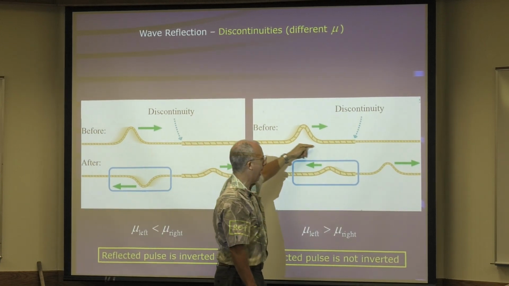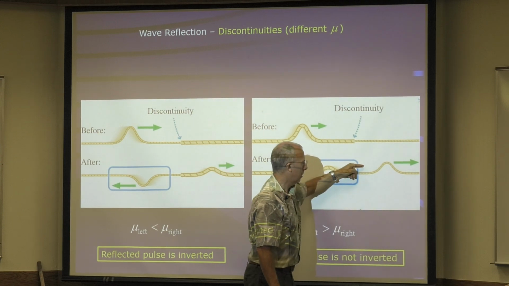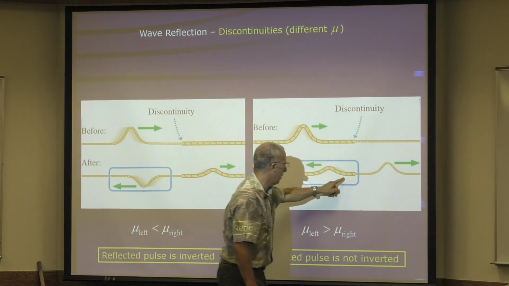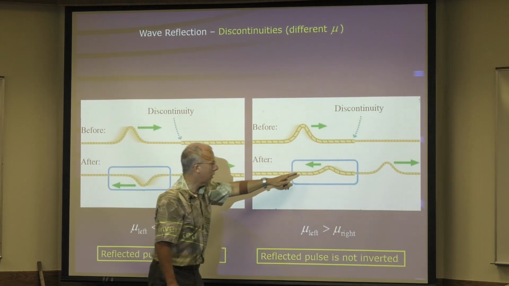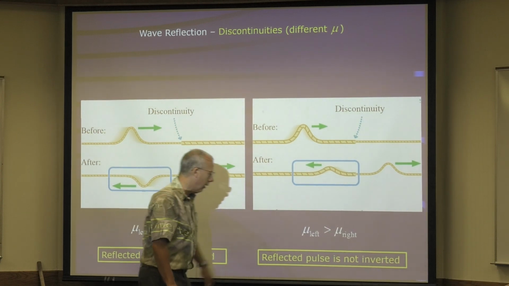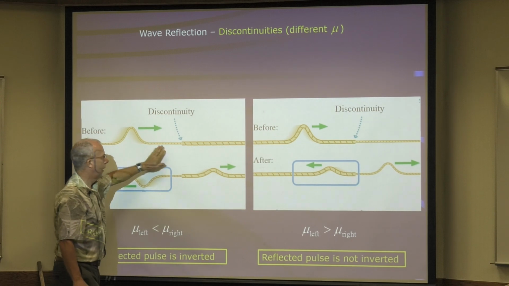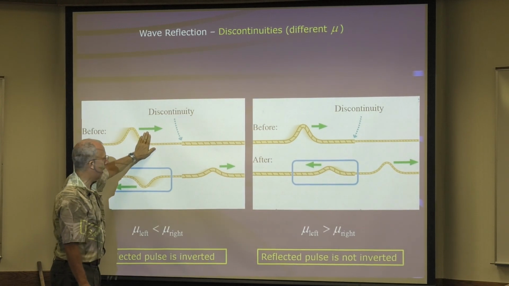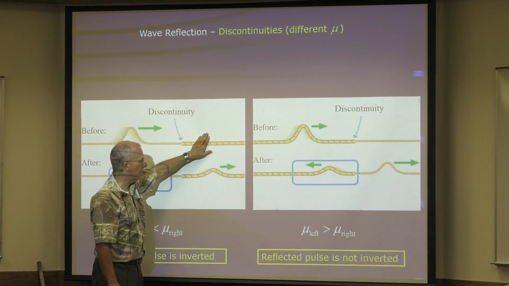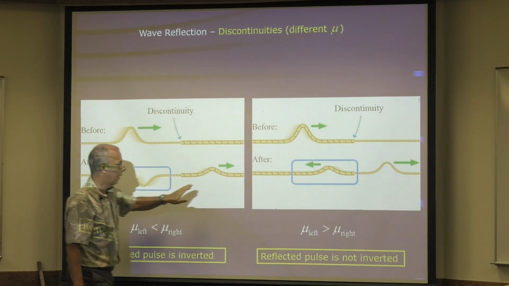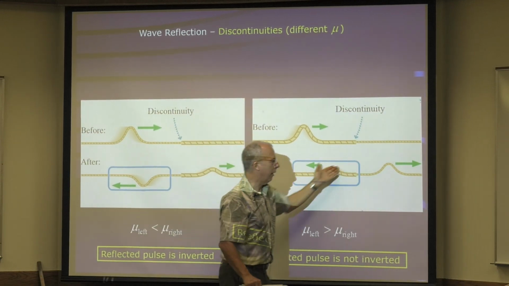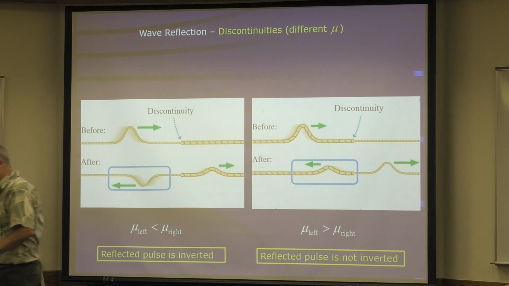Again, when the wave passes the discontinuity, the wave keeps going, some is reflected, but look, it's not inverted. So it has to do with the mass densities. If it goes from small mass density to large mass density, inverted; large to small, not inverted. We're just talking about the reflections.